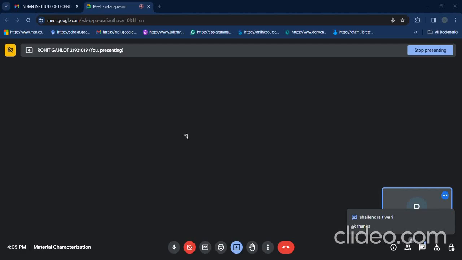Now, let us compare it with the SE2 and SE3 signals. If you see the paths, here is your specimen, and the electron beam comes in contact with it, generating SE1. Then it transmits a little bit, and it again comes out, and then SE2 and SE3 are generated.